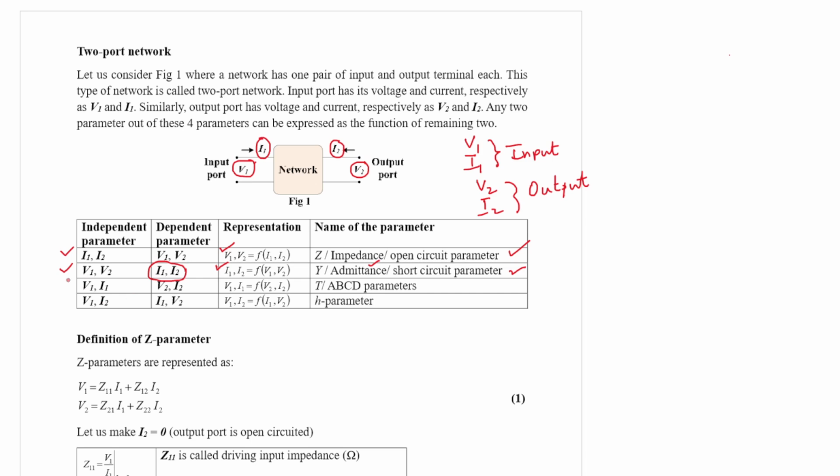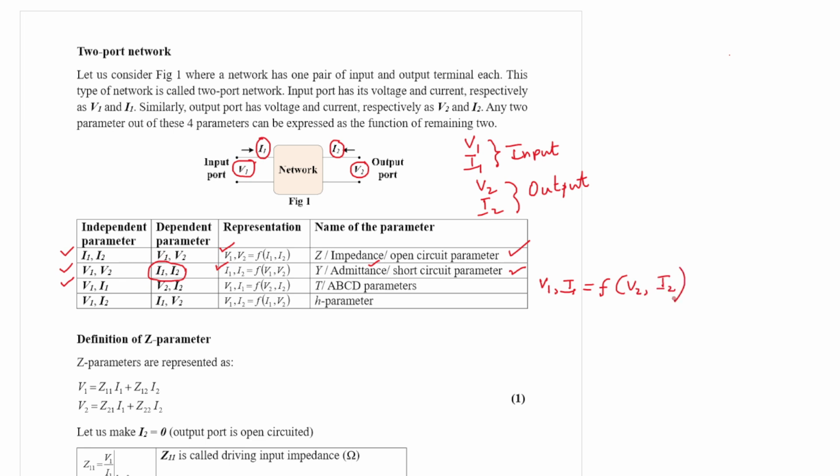Next, if we have input voltage and input current as dependent parameters, and V2 and I2 as the independent parameters, then the input parameters V1, I1 are represented as a function of output parameters.